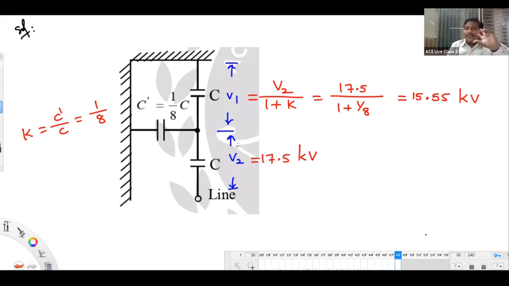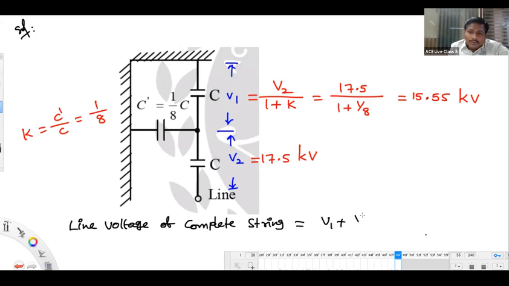The line voltage of the complete string, or simply the complete string voltage, is V1 plus V2. If we take V1 plus V2, I think it is 33.05 kilovolts. Complete string voltage is 33.05 kV. Done? Next thing. Let's take the next problem.